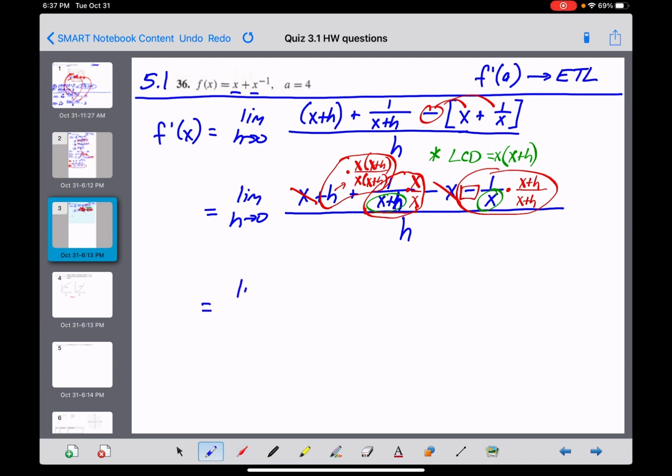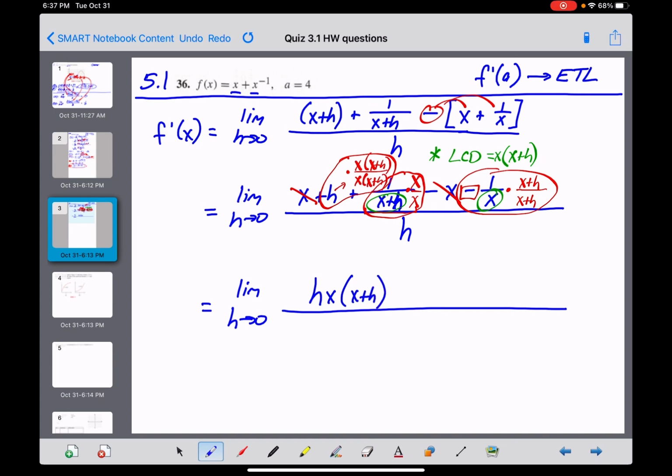Whew, this is fun. All right, so equals limit as h approaches 0 of, oh boy, and here we go. This first one that I kind of bubbled here, nothing cancels right there. So that's just going to end up being an hx times the quantity x plus h.